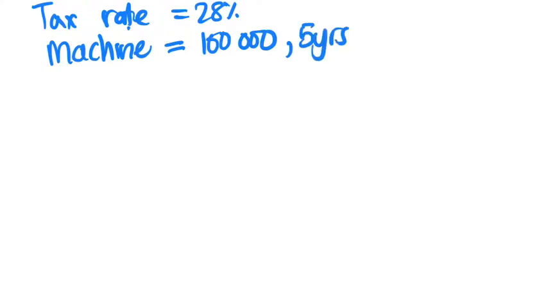They are depreciating over 5 years, and they can claim their tax allowances over 3 years. Okay, so let's say that is the information.